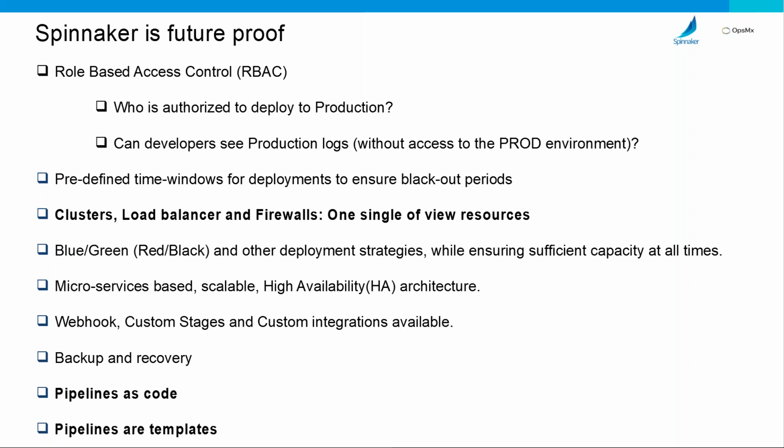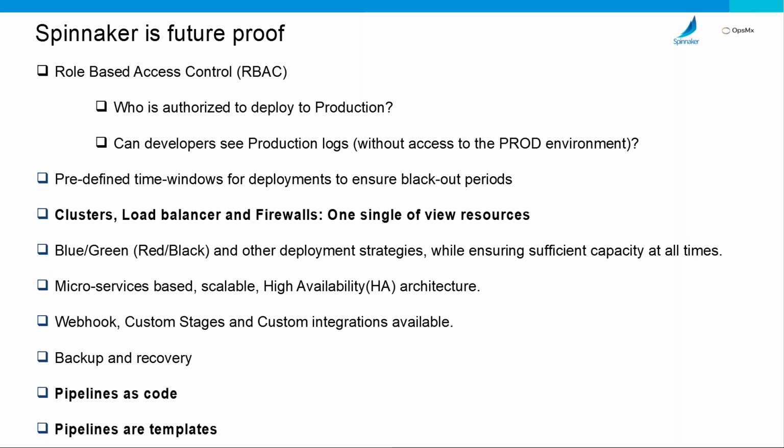Most of the common applications such as GitHub, Jenkins, and so on and so forth are already natively integrated. And with webhook particularly, it's possible to integrate to a host of other applications that you might find in your ecosystem. It has very good backup and recovery, and supports pipelines as code and pipelines as templates.